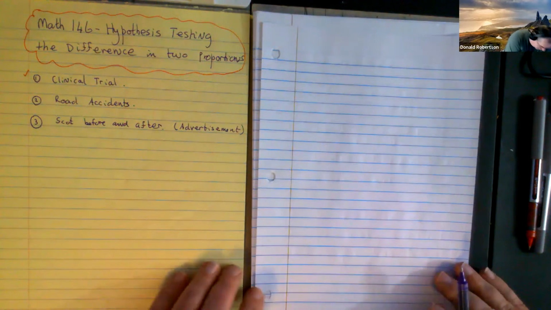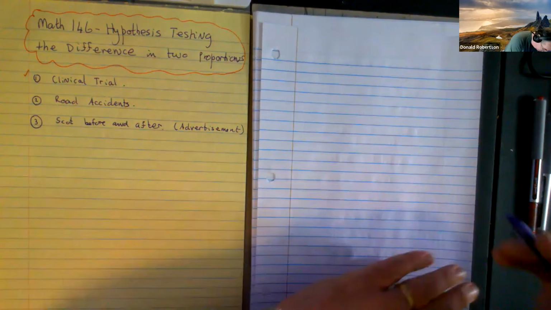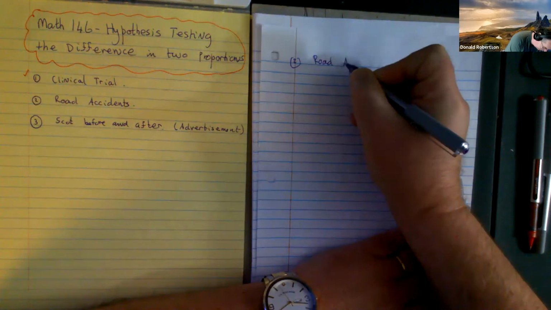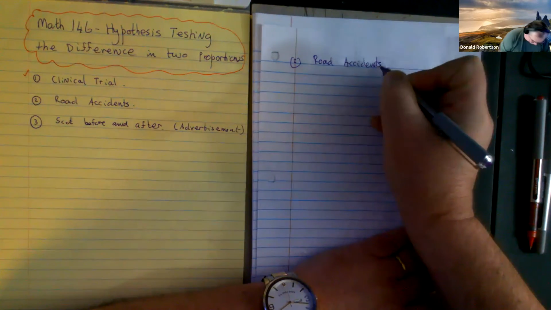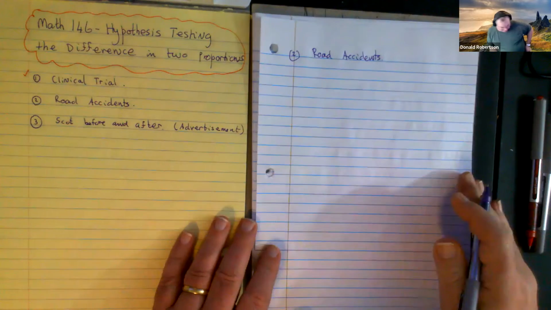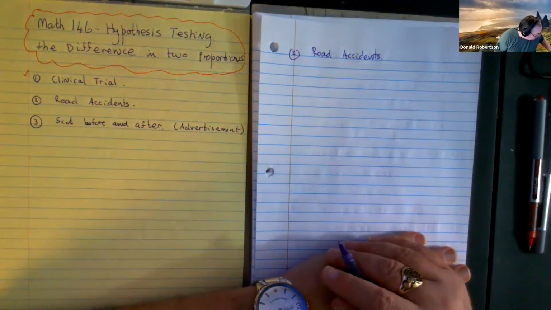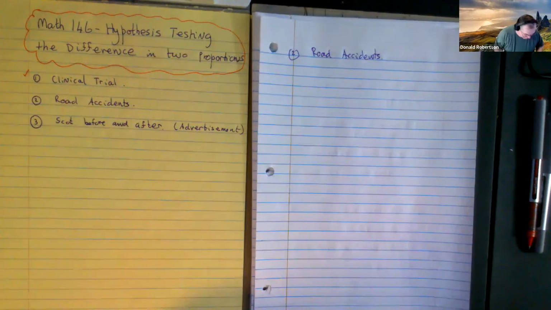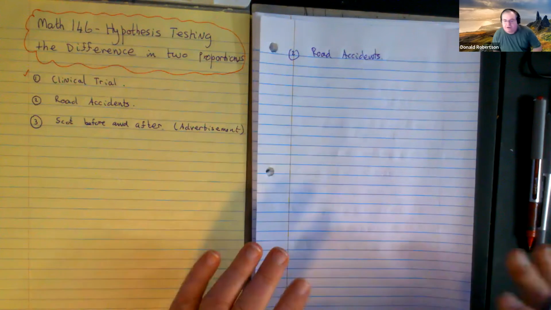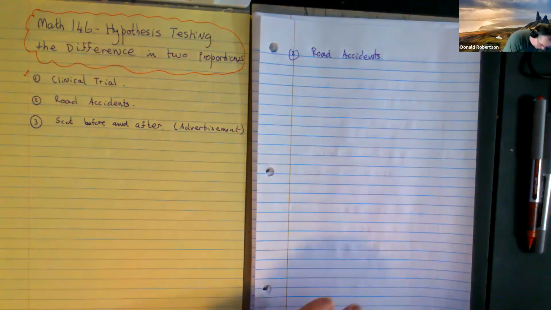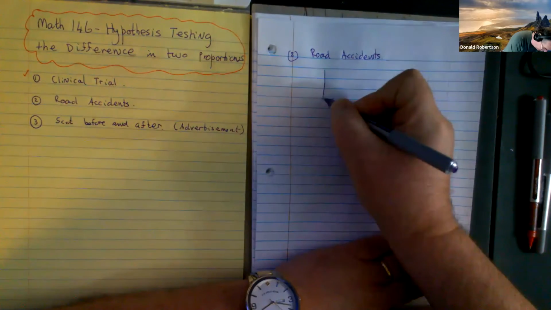Okay, so my second story is about road accidents. The government Department of Transport is interested in: do roundabouts reduce accidents as opposed to having a set of lights?